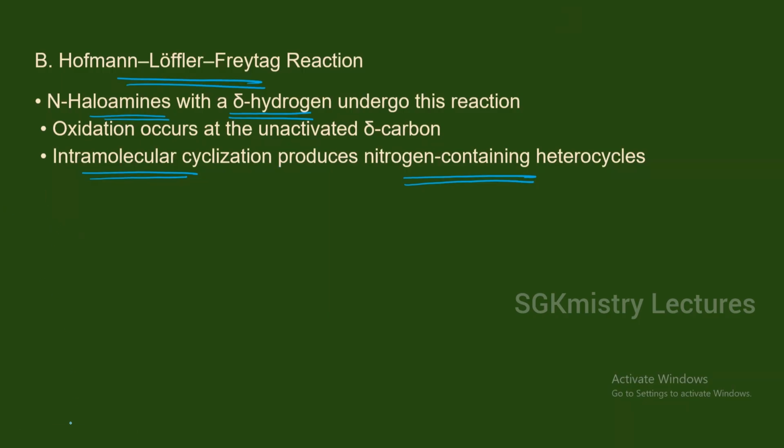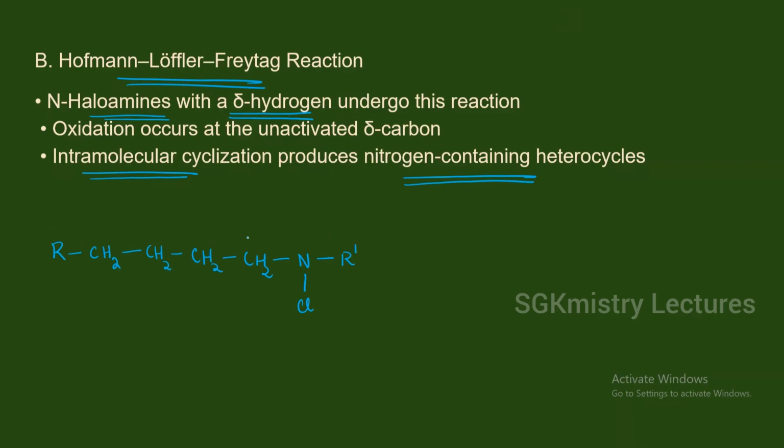First let me take the compound N-haloamine, which has the delta hydrogen. So R CH2, CH2, I have to take one more CH2, then N-halo, so I'm going to take the chloro group, and one more R, let me take it as R dash.